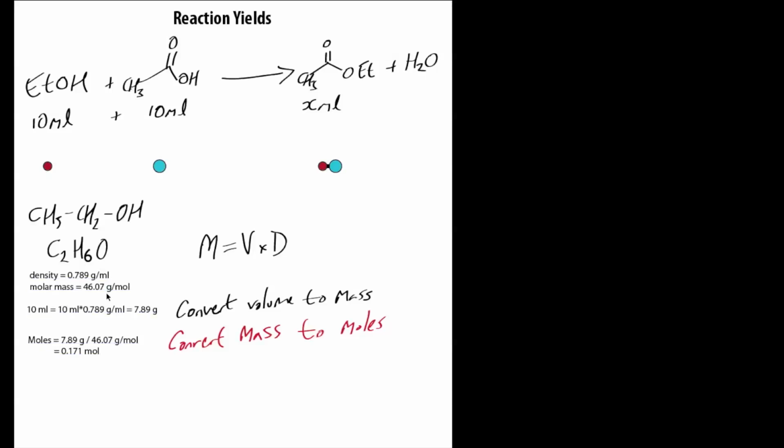We don't have that many molecules of ethanol, we've got a fraction of that. See, we've got 7.89 grams, not 46.07 grams. So we need to know how many molecules are there, and it works out as 0.171. Okay, so that's like a fraction of what the real mole is. So how did I convert mass to moles? Because I seem to have skipped over that one.